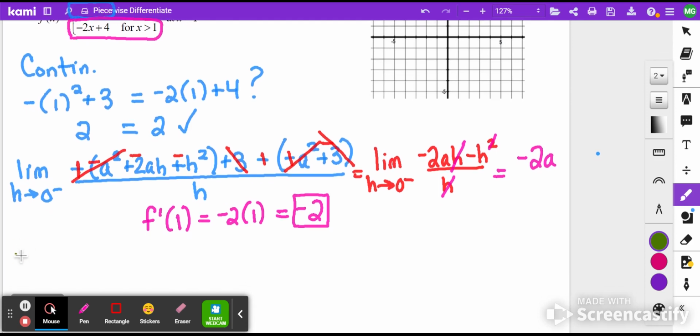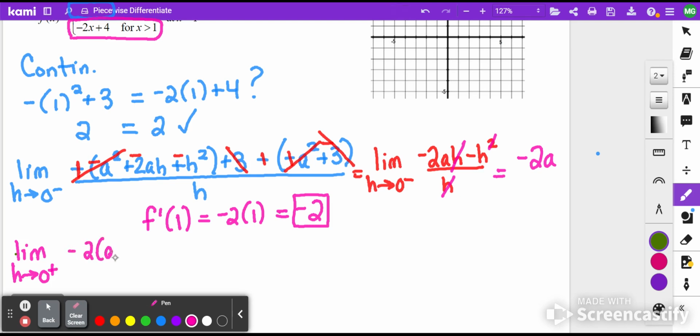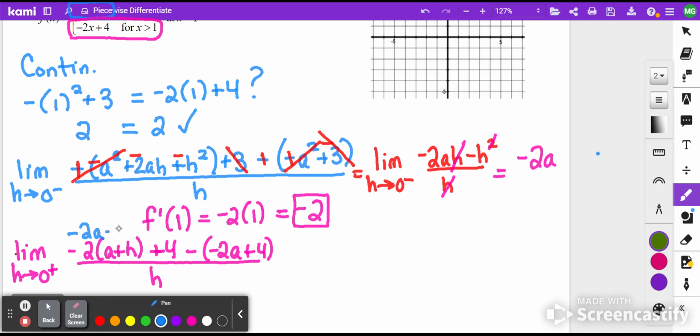So we will take the limit as h approaches 0. We're doing a right-sided limit of negative 2a plus h plus 4 minus, and then in parentheses, negative 2a plus 4, all divided by h. And just to save a little time here, I'll do this right here, negative 2a minus 2h.